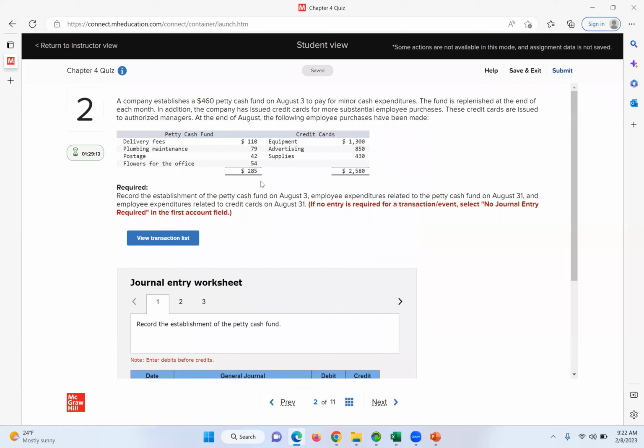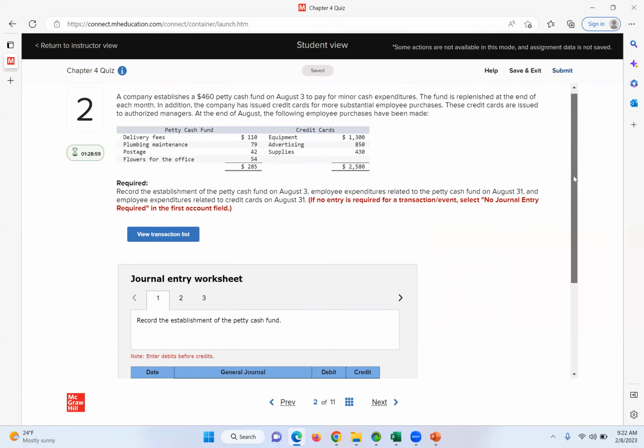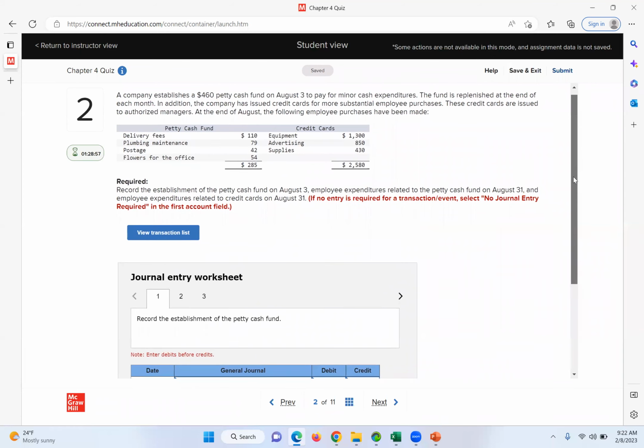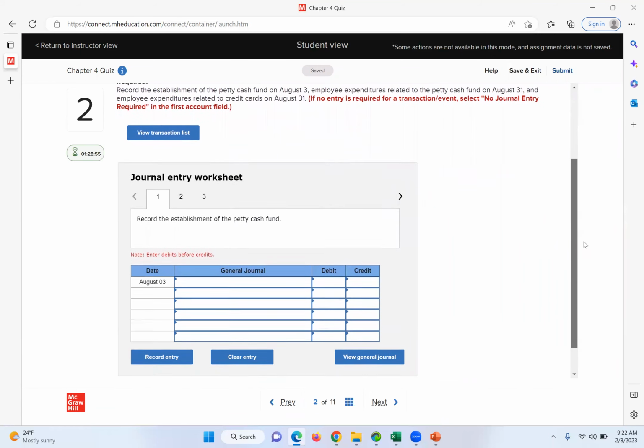Next, here is a petty cash. The fund is replenished each month. In addition, the company has issued credit cards for substantial employee purchases. These credit cards are issued to authorized managers, and they show the petty cash fund and items for the credit card.